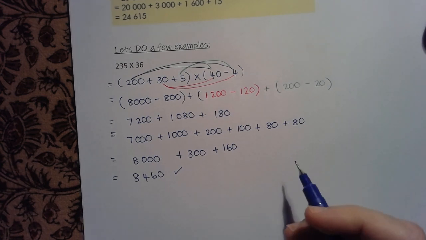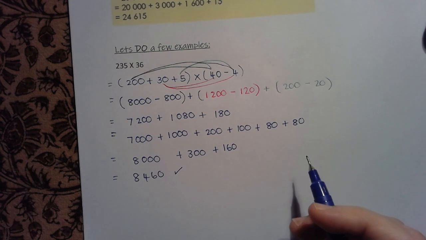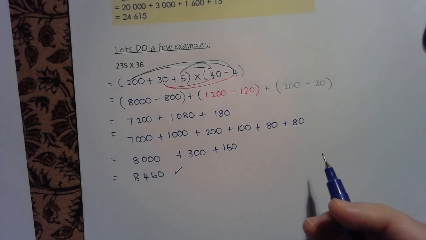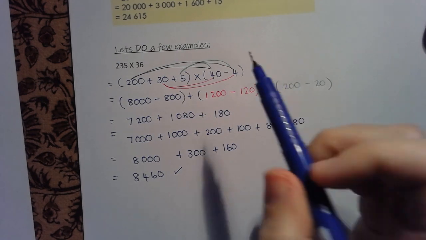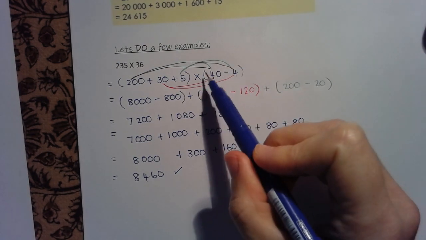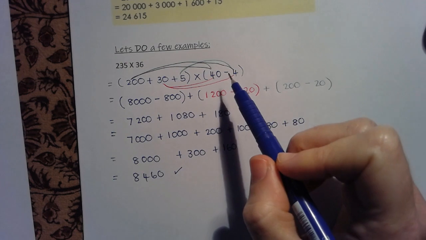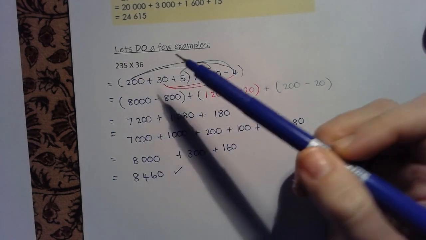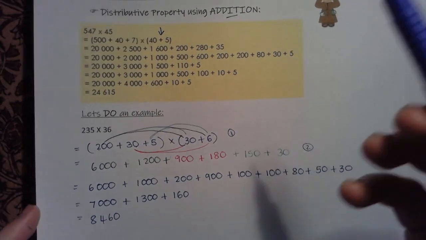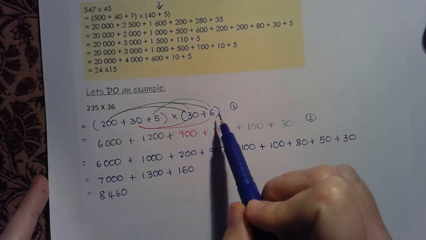But there's something interesting I'd like to show you. Okay, so we used two methods with distributive property. We used addition and we used subtraction. Where did we use it? We used it with the second number that we multiply with. Here we said 40 minus 4, which equals 36. And with the first one, with the addition method, we said 30 plus 6.